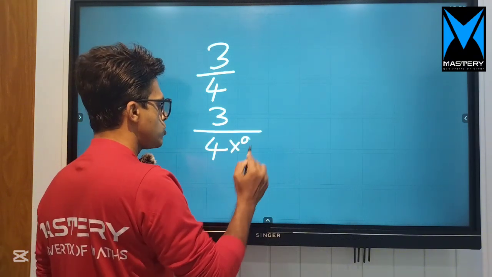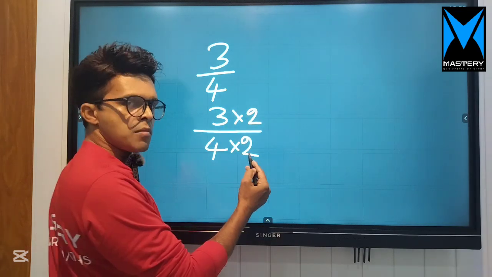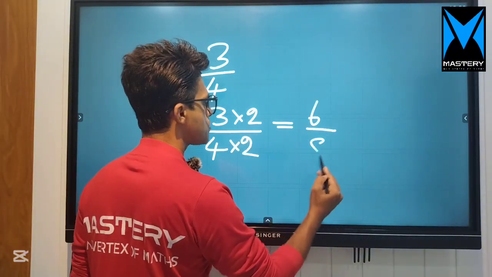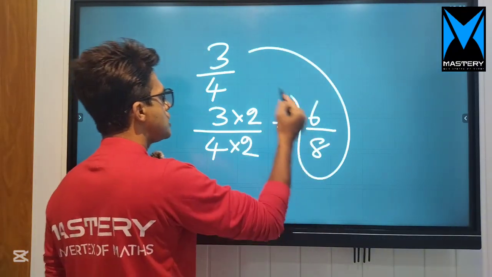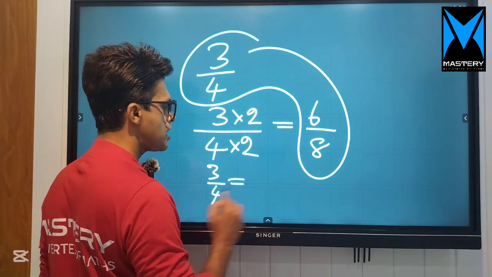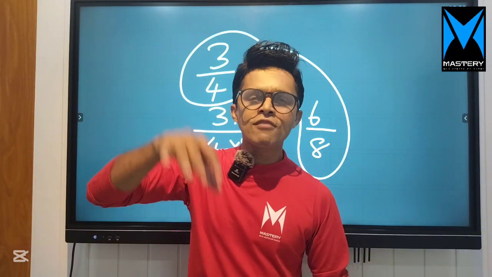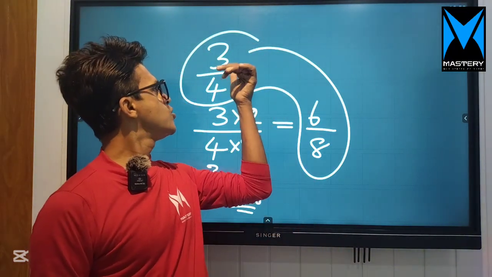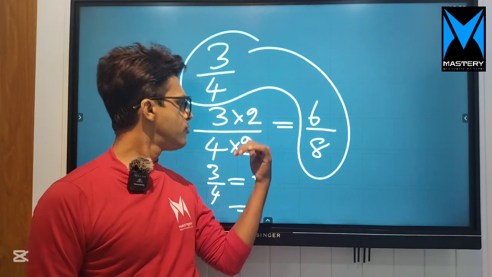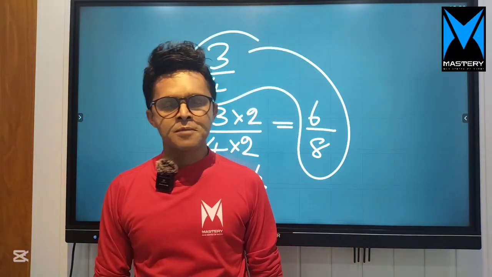Let's take 2 and multiply both sides by 2. So 3 times 2 is 6 and 4 times 2 is 8. So 3/4 equals 6 over 8. These are equivalent fractions. You can multiply both sides by 3, 4, 5 and get more and more equivalent fractions.